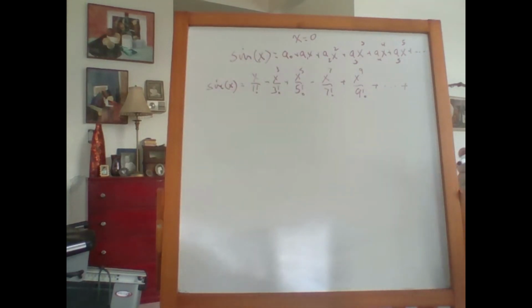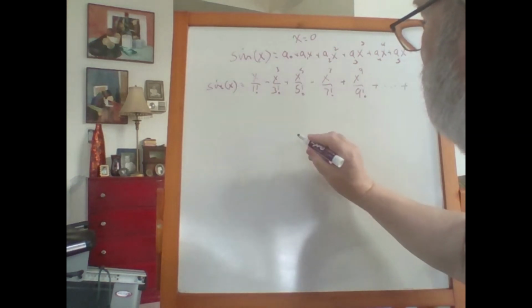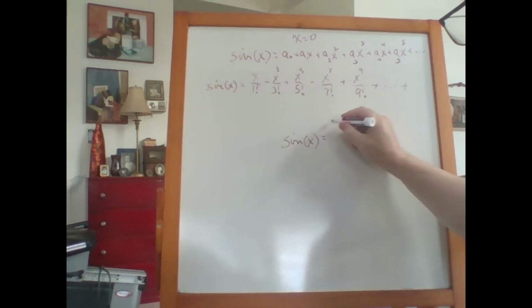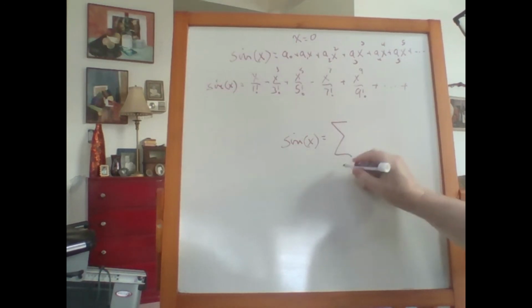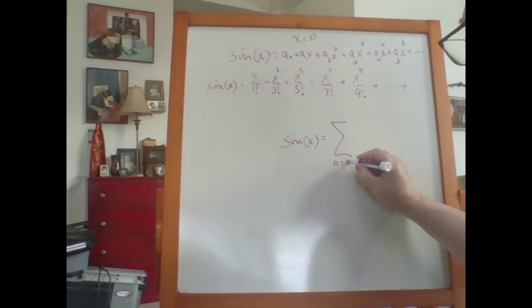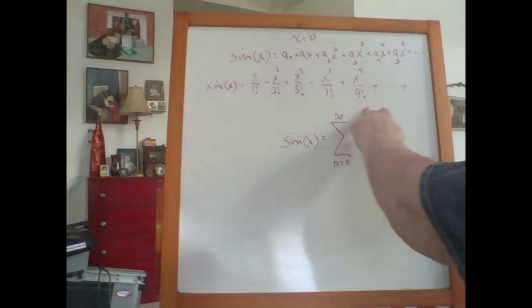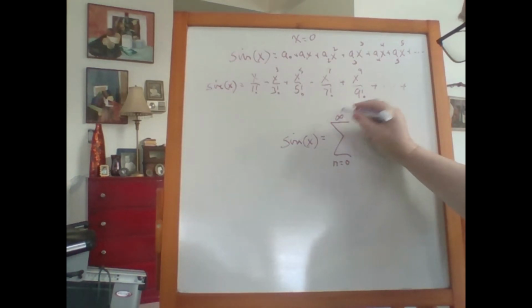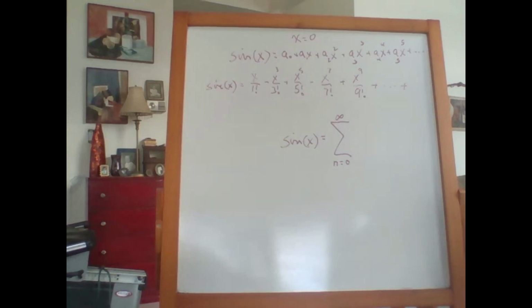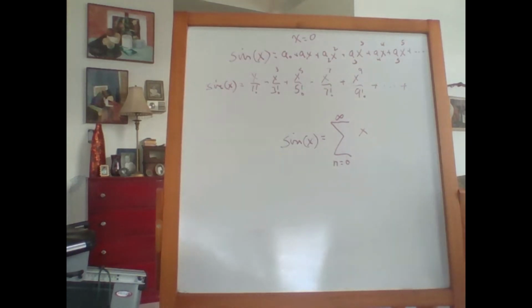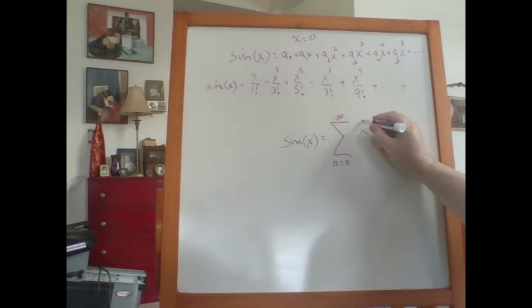And again, we can write the sine function, sine of x is equal to the sum, n equals 0 to infinity. Now, here we've got an x, and we're going to have 2n plus 1.